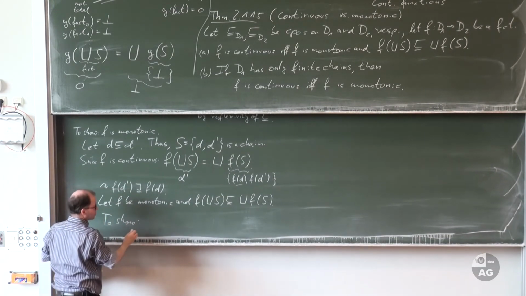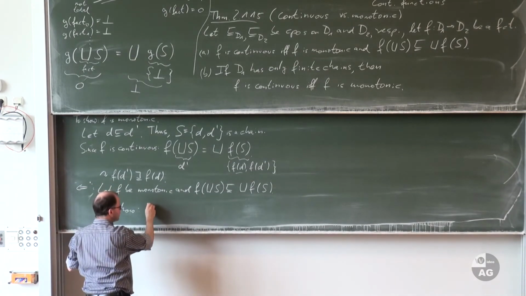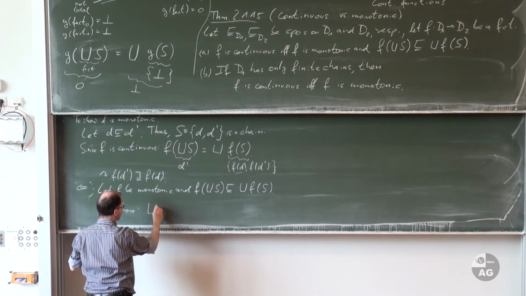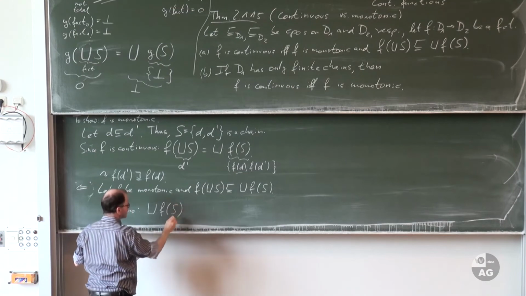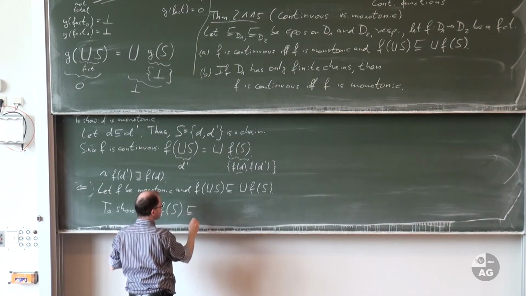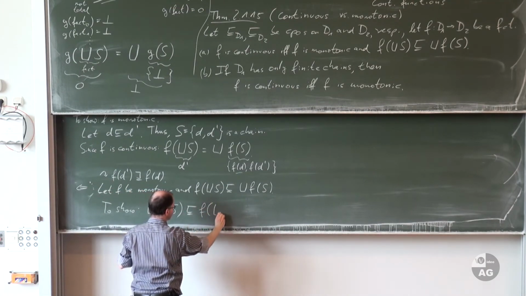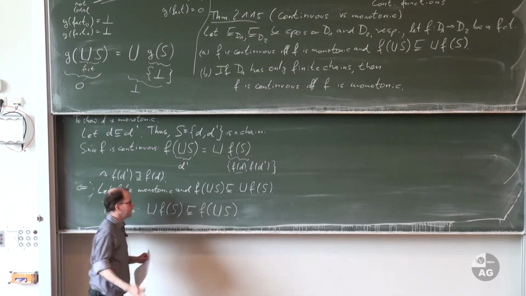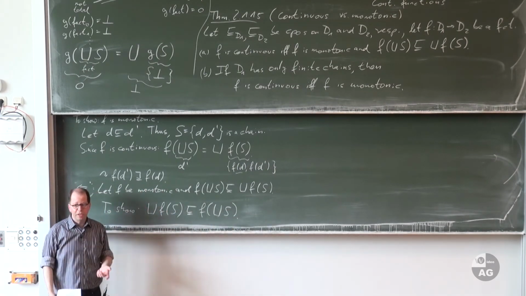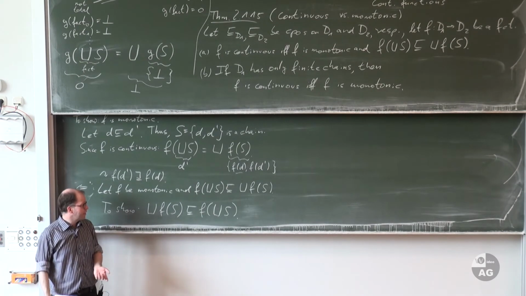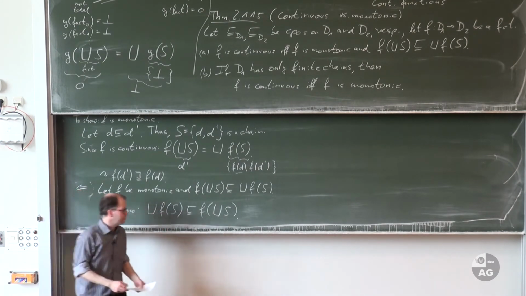So what we have to show is that the least upper bound of f of S is less defined or equal than f of the least upper bound of S. And if this holds as well, then by antisymmetry, these two things are equal.